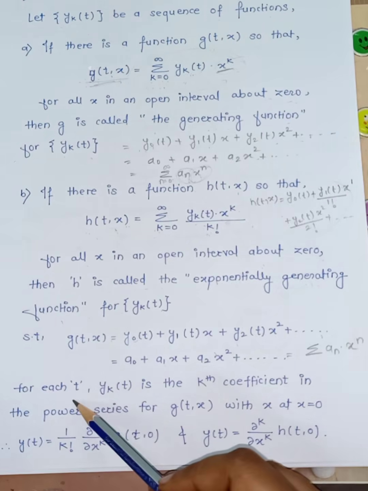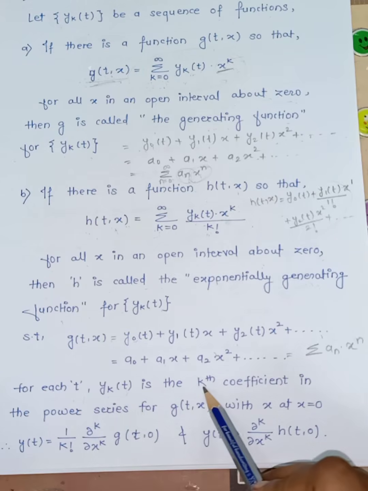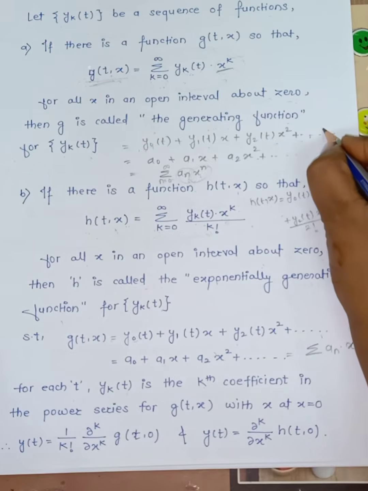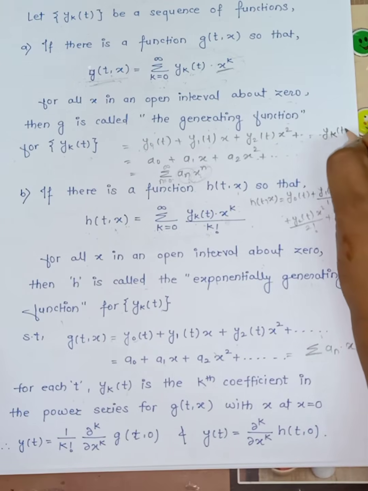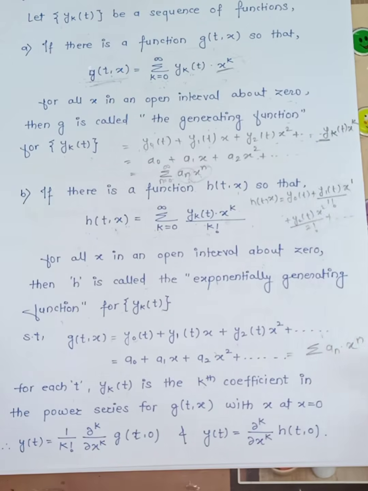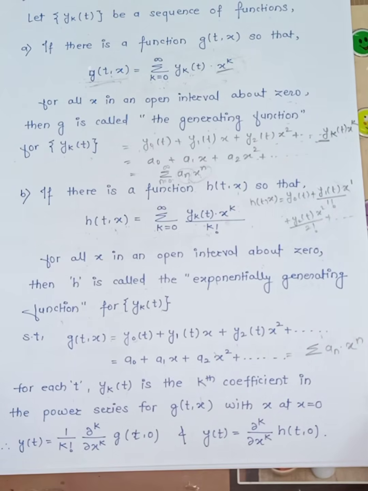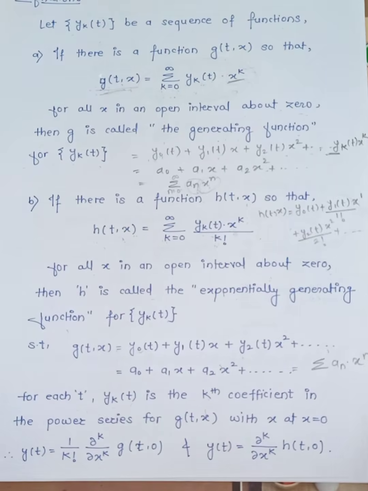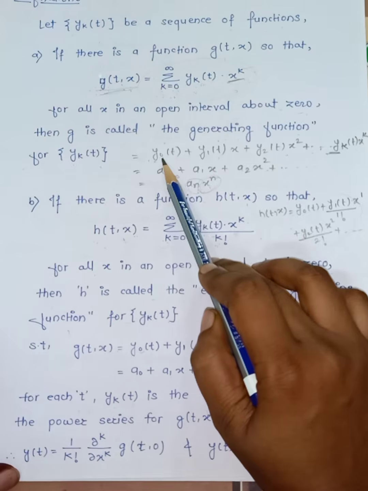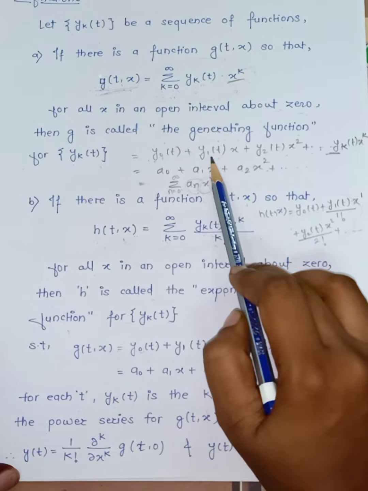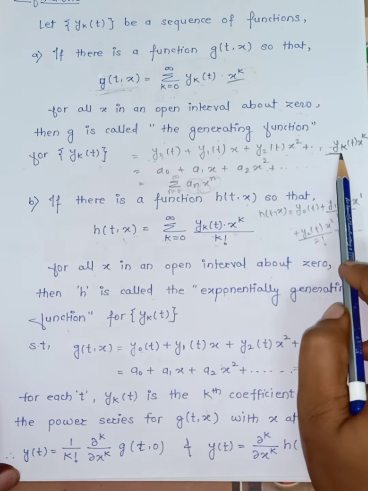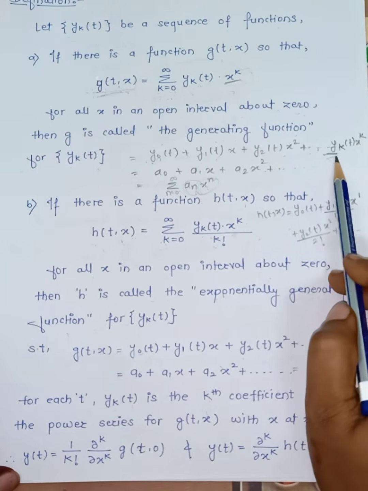If we reach the kth coefficient, then y_k of t x to the power k will come. So this y_k will be the kth coefficient in the power series. Correct. So y0 of t will be our 0th coefficient, y1 will be the first coefficient, y2 the second coefficient, and up to so on, if we go up to k, this will be the kth coefficient.